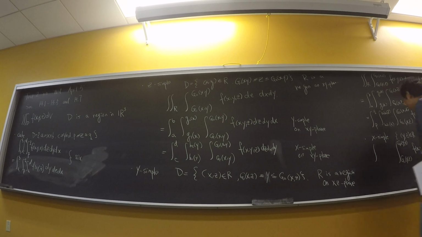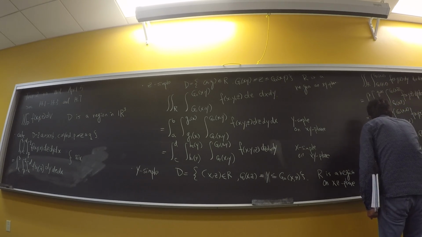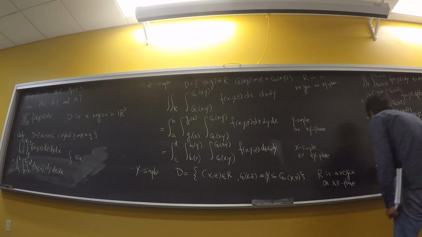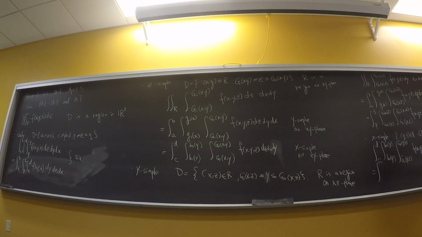So I need 2 numbers for y and 2 functions for z, or I can identify it as dx, dy, dz. As long as I give you an integrating order, you should be very smooth about what it means. It means x simple in the space, and if I project onto the yz plane, it is y simple on the yz plane.